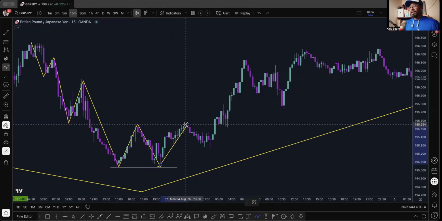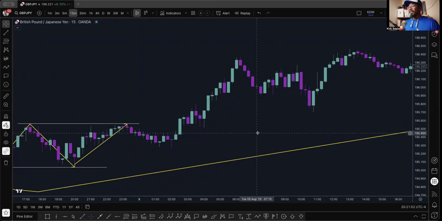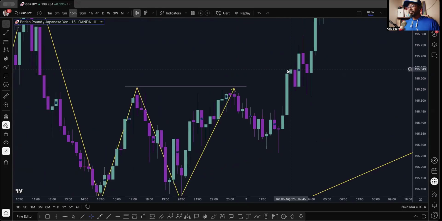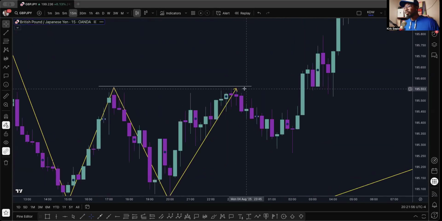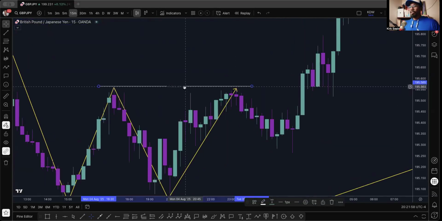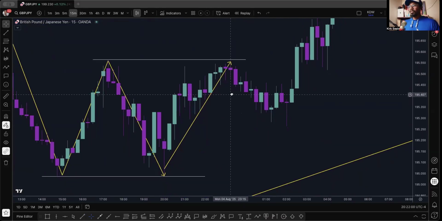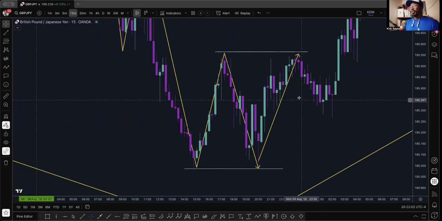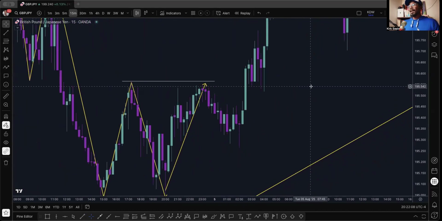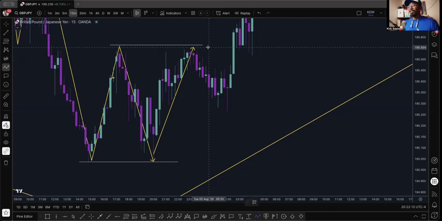So price comes back up. So it came there. Is that higher? It's not higher. It's very close. It's probably equal. So we still don't have an idea of this being a downtrend. It's definitely not an uptrend, but we don't have that confirmation as yet.